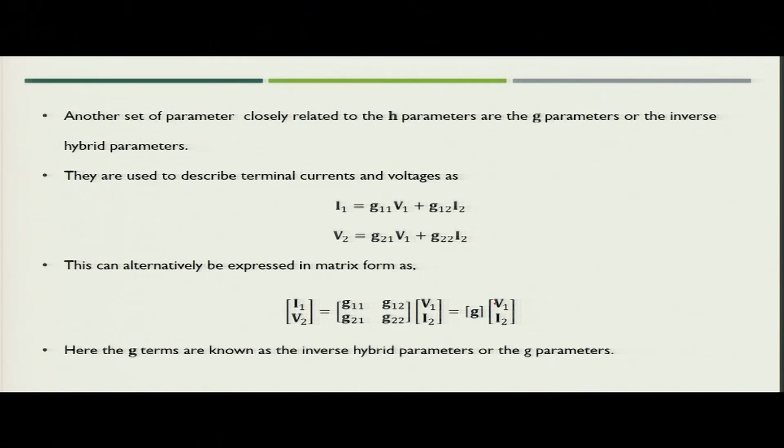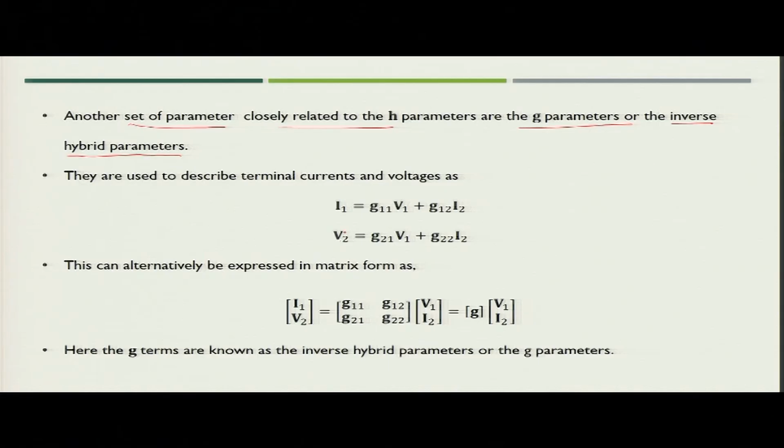Now, there is another set of parameters which are closely related to H parameters. What are they called? They are called G parameters or inverse hybrid parameters. Now, in case of H parameters, we established the relationship with V1 and I2 as the dependent variables.